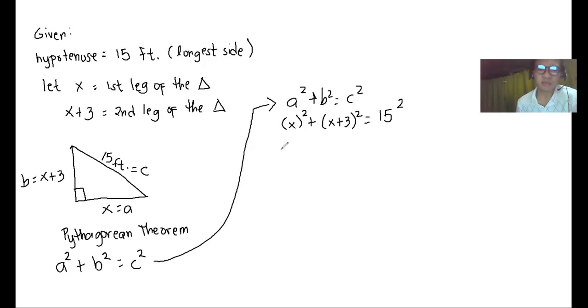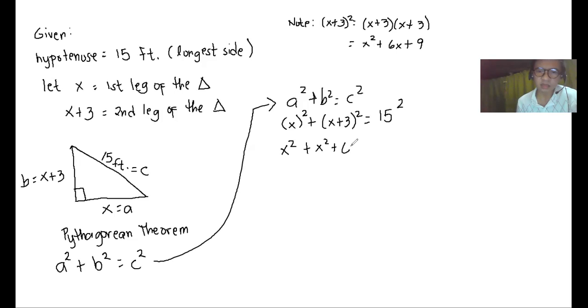Note that x plus 3 squared is equivalent to x plus 3 times x plus 3. Using the FOIL method, we get x squared plus 6x plus 9. So we have x squared plus 6x plus 9 equals 15 squared, which is 225.